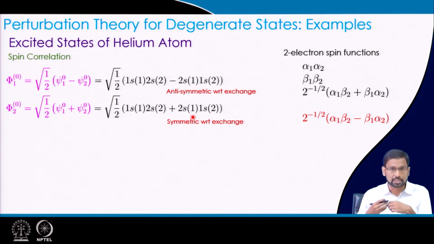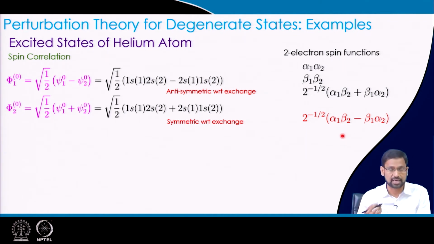Corresponding to S equals 0, I will have a single state, MS equals 0. So I have one singlet state and one triplet set of states. These four functions represent the complete set of spin functions for two-electron systems. The first three functions are part of the triplet solution, and the last one is the singlet one.